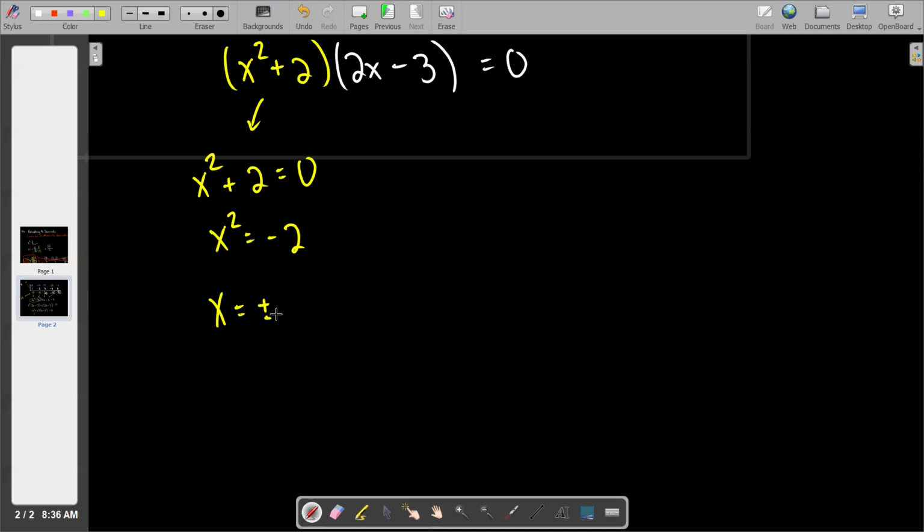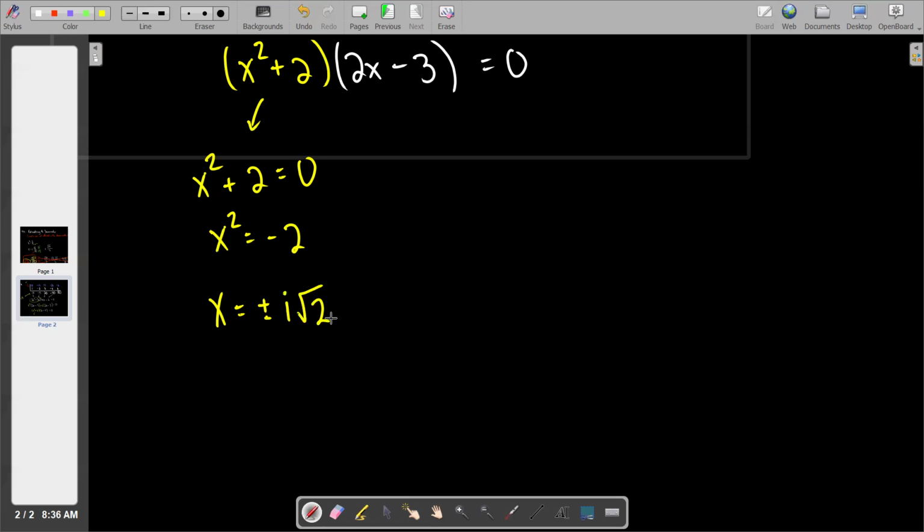I don't know. The reason you don't know is because nothing. If it was the square root of 8, at least I could break it down using a little tree or something exciting. But 2 is the ultimate garbage root. So from this yellow factor, I just get x equals positive negative i times the square root of 2.